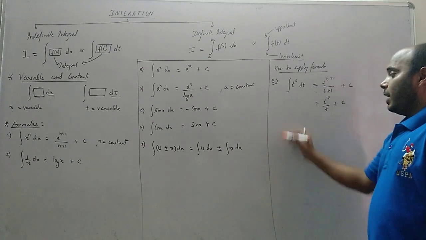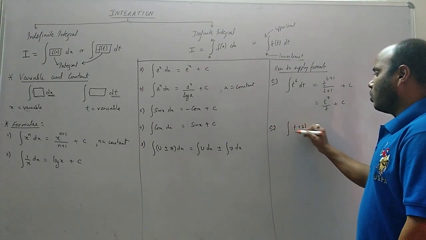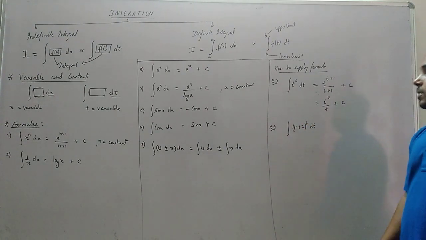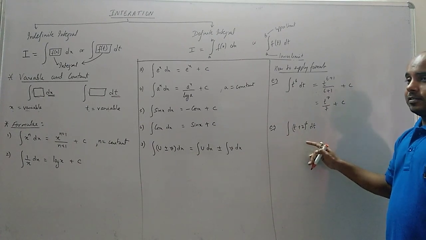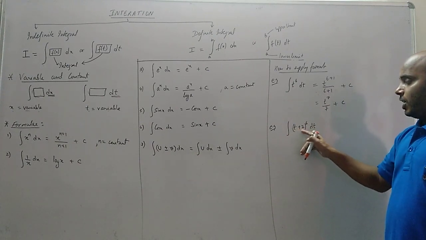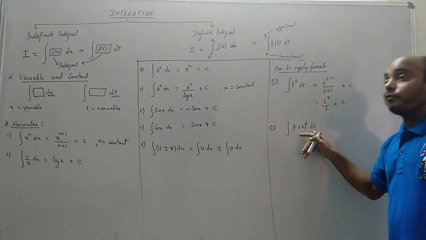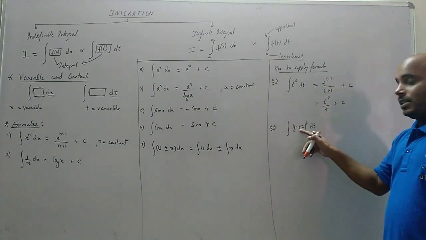Okay. What if it is integration of (t plus 2) whole to the power 6 dt? Now what will happen? See, we should have integration of t to the power 6 dt, only t. But in the place of t we have t plus 2, something in terms of t. It is not t.